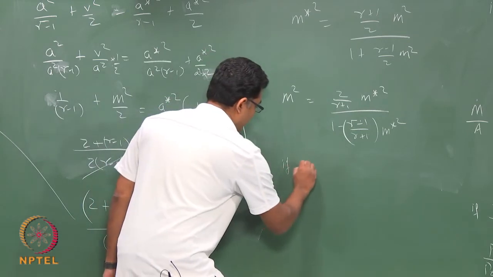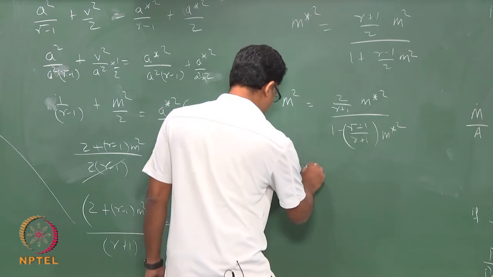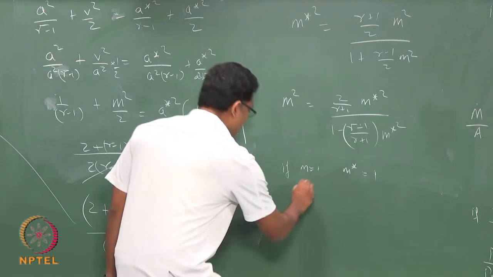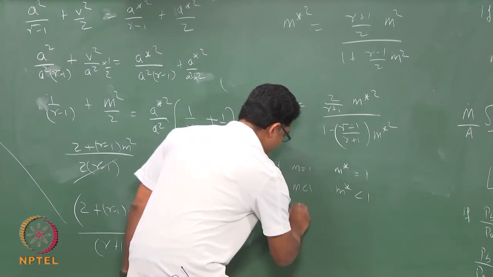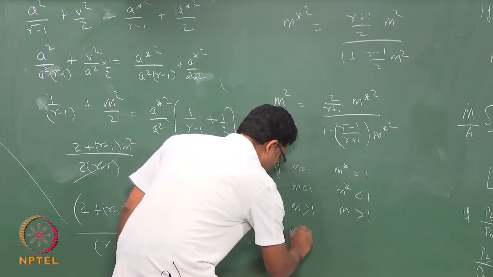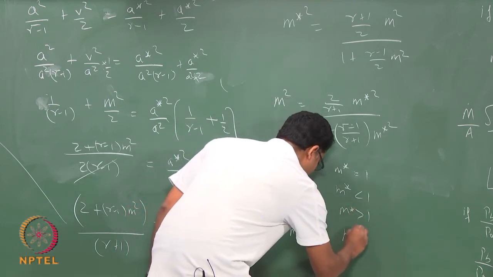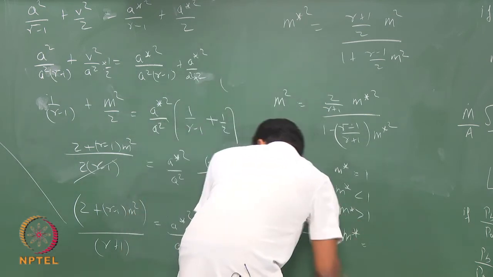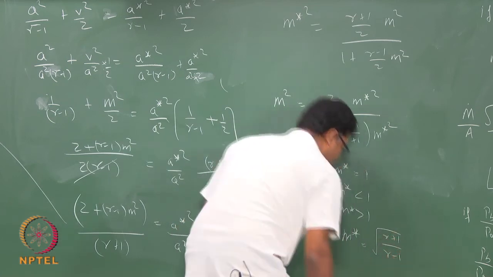So when M equals 1, your M star is also 1. M less than 1, M star is also less than 1. M greater than 1, M star is also greater than 1, but when M tends to infinity, your M star tends to root of gamma plus 1 by gamma minus 1.